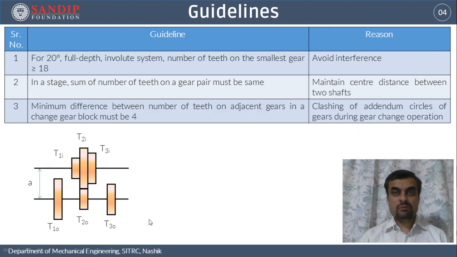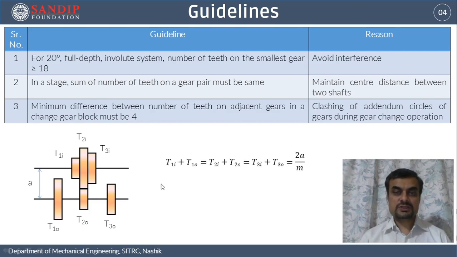If number of teeth and module is known to us, then the pitch circle diameter can be given by m into t, and the pitch circle radius will be mt upon 2, which means (m T1i + m T1o)/2 has to be equal to (m T2i + m T2o)/2, which has to be equal to (m T3i + m T3o)/2, which is equal to a, that is the center distance.